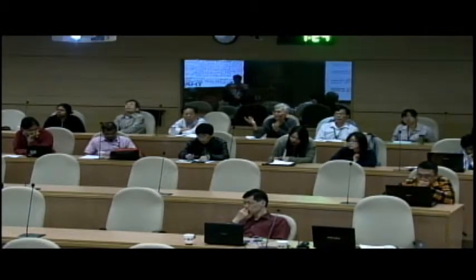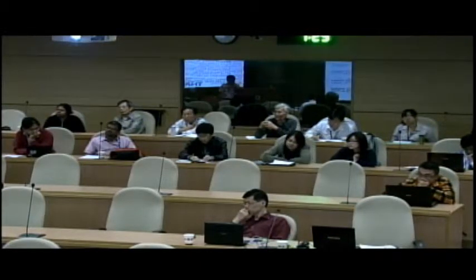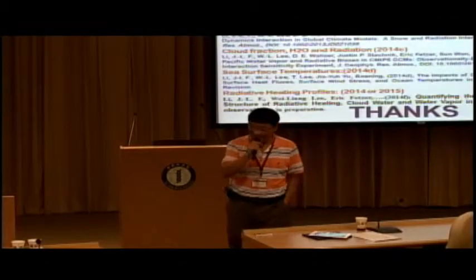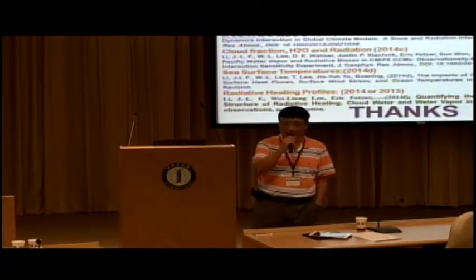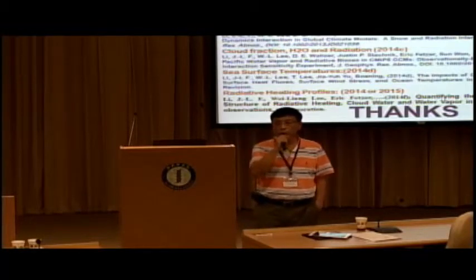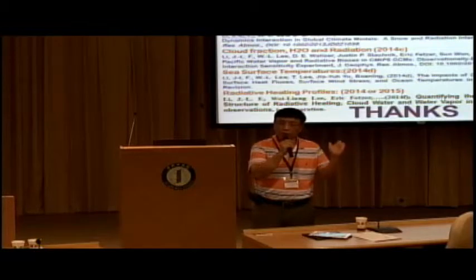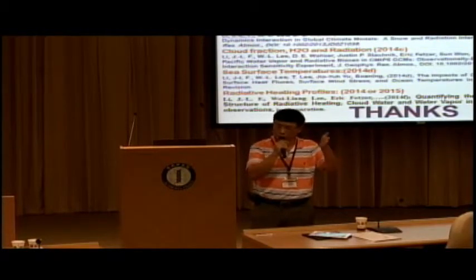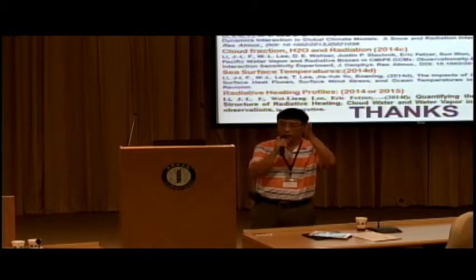But when you say the effect of falling snow, how do you know which one it is? I cannot say from this talk, but we do see the difference, and I was supposed to show the sensitivity test in this talk, but I didn't, so I cannot say. But indeed, when we include the cloud snow, the radiative cooling rate bias is less.